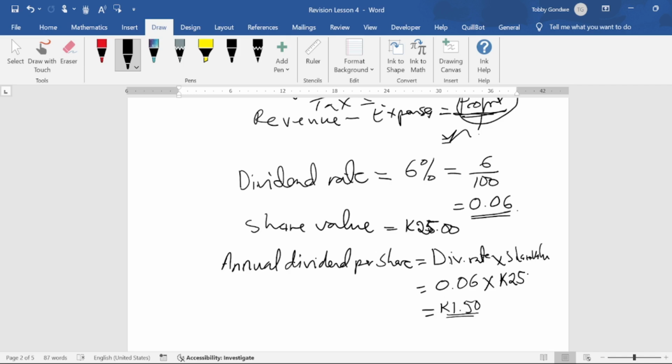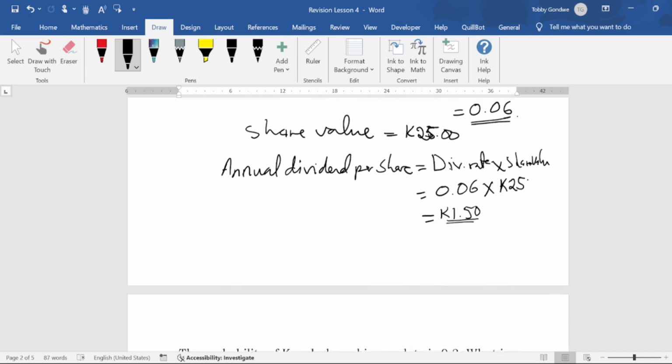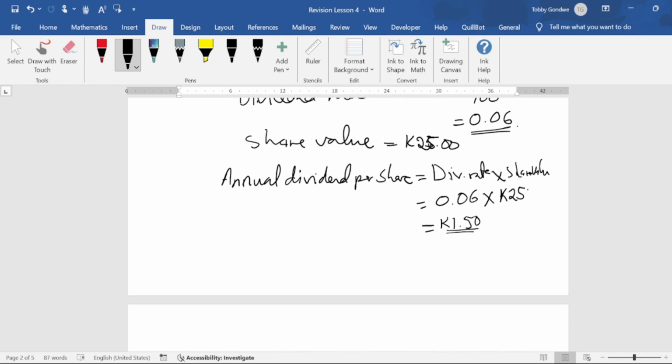And so now to know the amount that this lady is going to get, which we call the annual dividend for this lady, we are now going to multiply this amount that we've got, which is the annual dividend per share, which is the 1 kwacha 50 ngwe, multiplied by the number of shares, which is how much? 500.